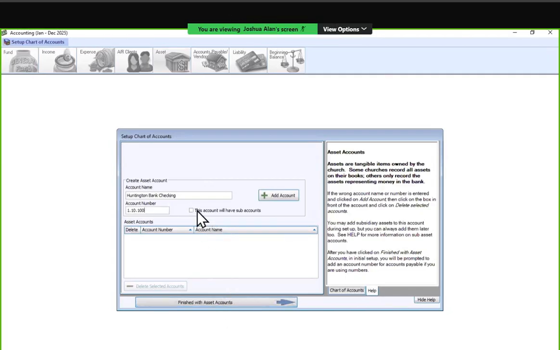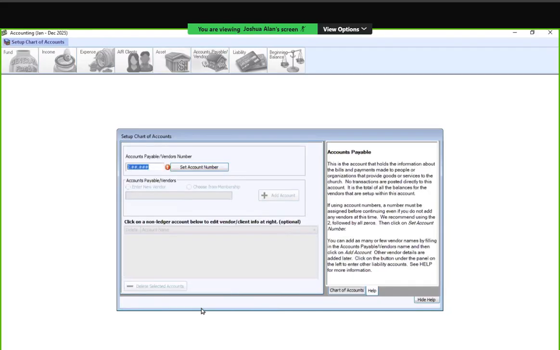Again, I'm not adding sub-assets for this account. And then I would say Fifth Third savings. And tab down, and again, 10,200 maybe. Okay, add account. And I would continue adding asset accounts, the accounts the church owns, this way until I'm finished with adding asset accounts.